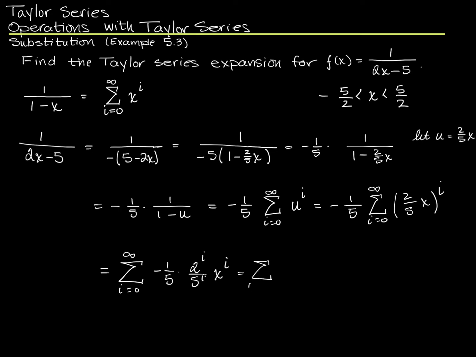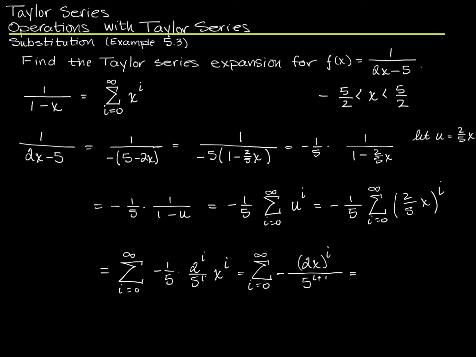And then, noticing that I have the same thing in the denominator twice here, I can write this as 2 to the i times x to the i, or 2x to the i, over 5 times 5 to the i, or 5 to the i plus 1. And then, of course, I have this negative in front here.